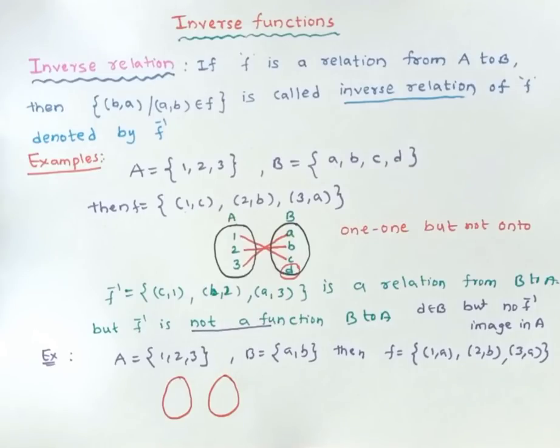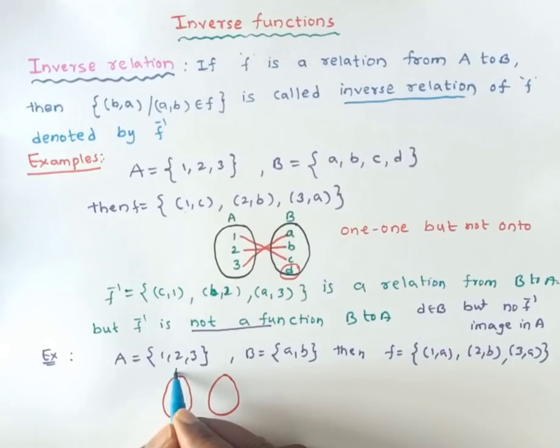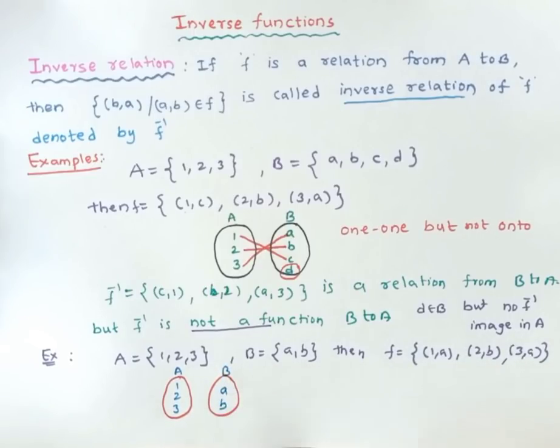Okay, so A contains the elements 1, 2, 3 and the set B contains only two elements a, b. Now here the mapping is done like 1 to a, 2 to b and 3 to a. So 1 is mapped to a and 2 is mapped to b and 3 is mapped to a.